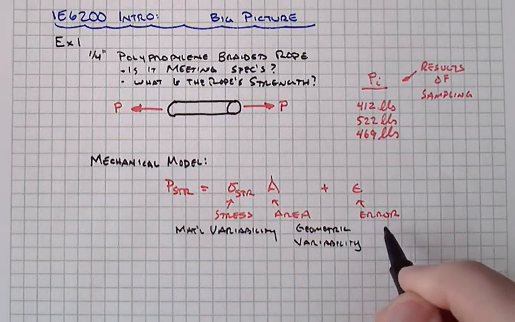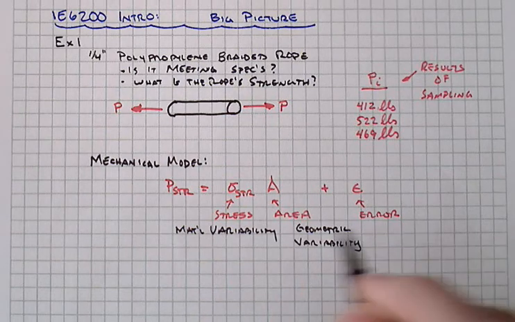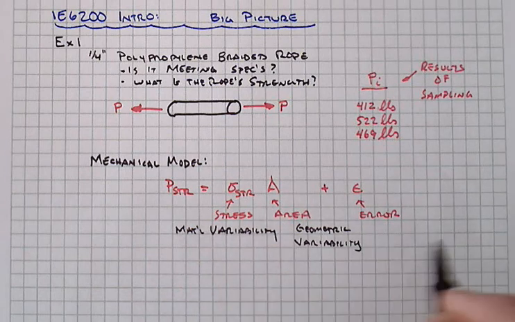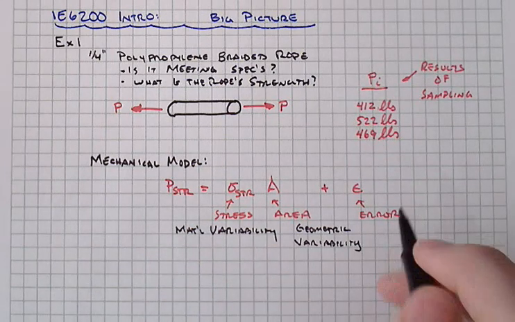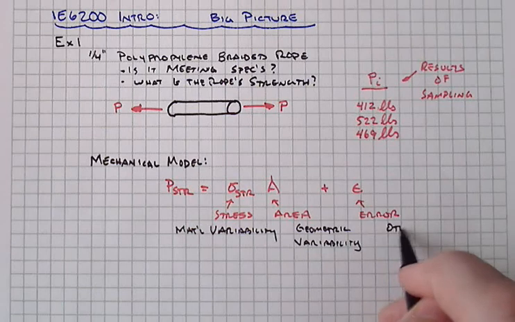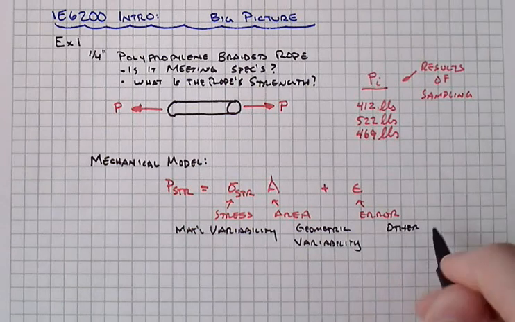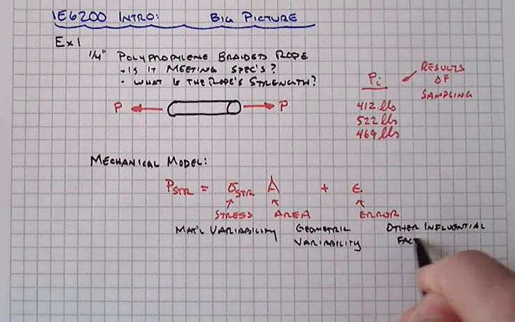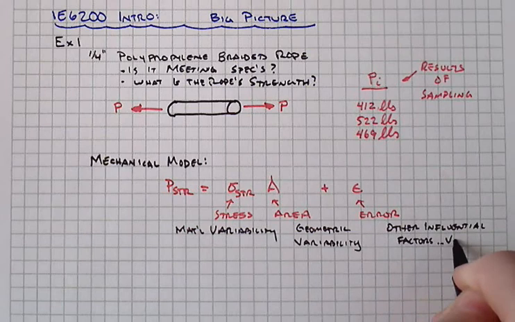And then also, even if we include variability in the material and the geometric part, there's going to be other influential factors that we have not included, and the variability that goes along with those.